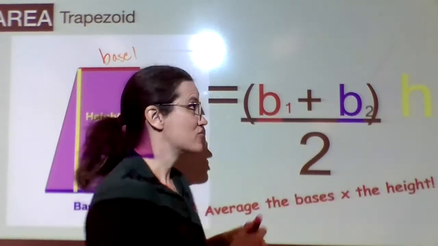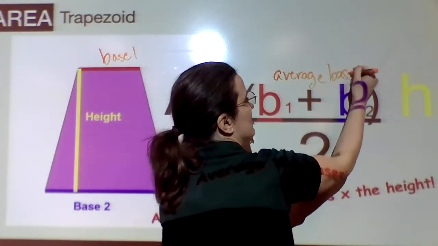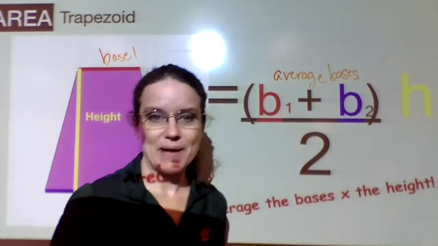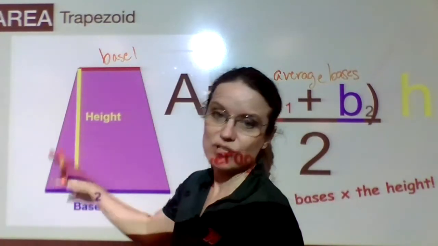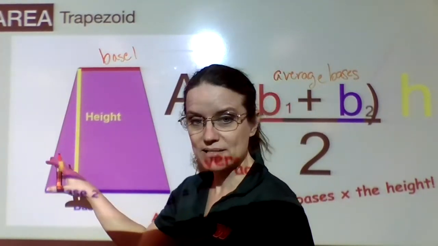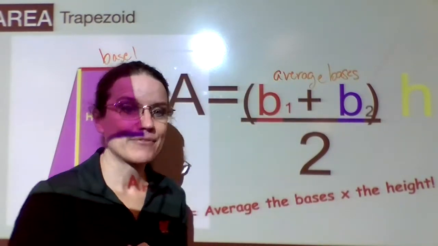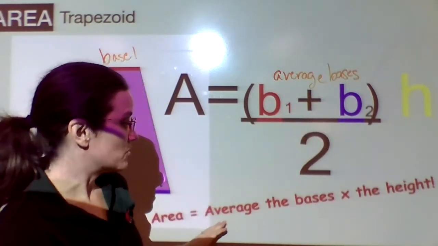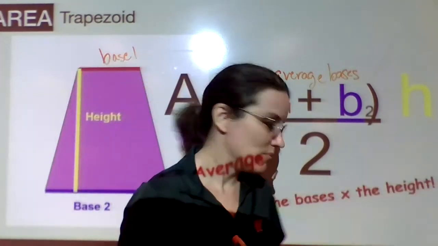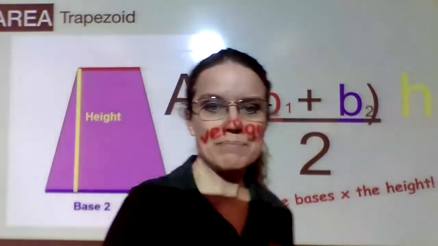That's averaging them. So I'll average my bases and then multiply by the height. And that will give me the area of this, because again, it comes down to if you were to cut off triangular pieces of this and rearrange it, it would turn out to have an average base right in between the two different base lengths. And so we'll average the bases and then multiply by the height to get the area of this trapezoid.